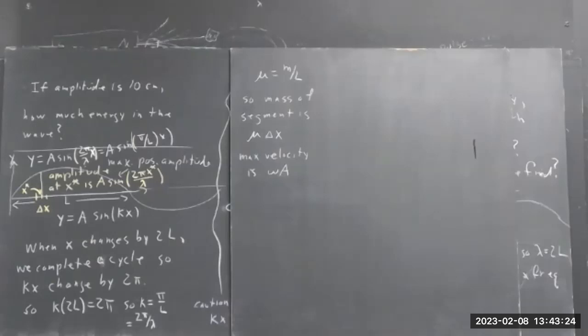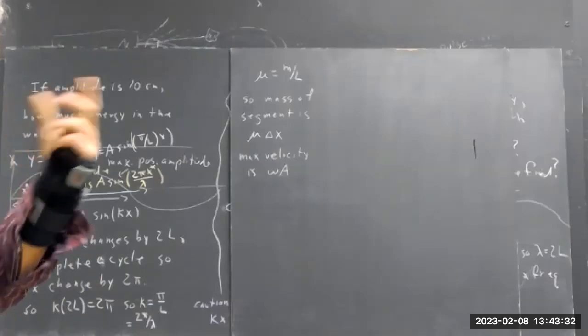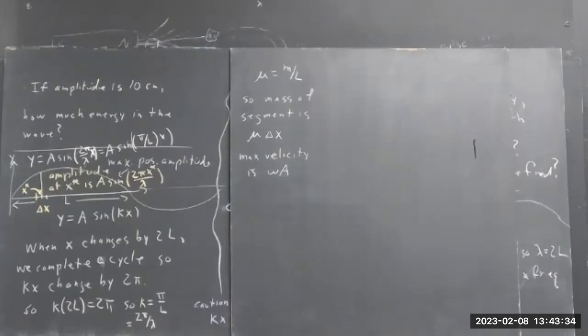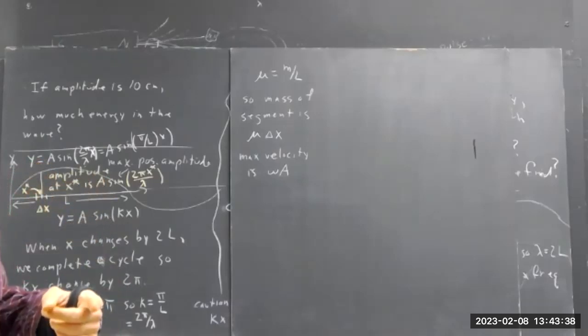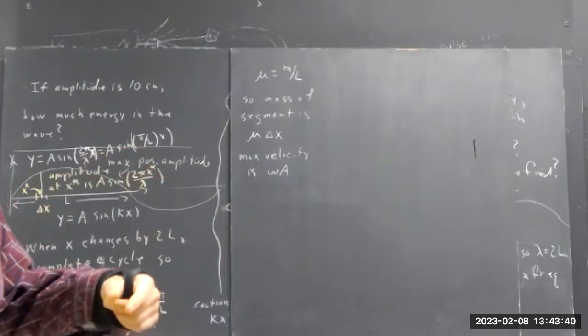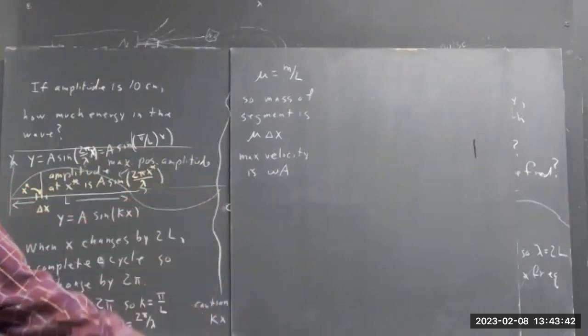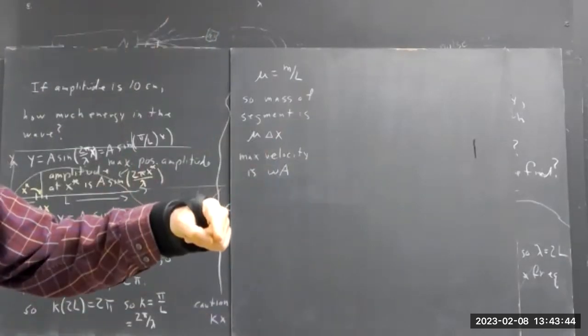Okay. And omega is just f over 2 pi, right? Is that wrong? No, wait. See, I'm already mixed up in that. I've got to figure out what the difference between omega and f is. Omega is number of radians per second, f is your number of cycles per second.